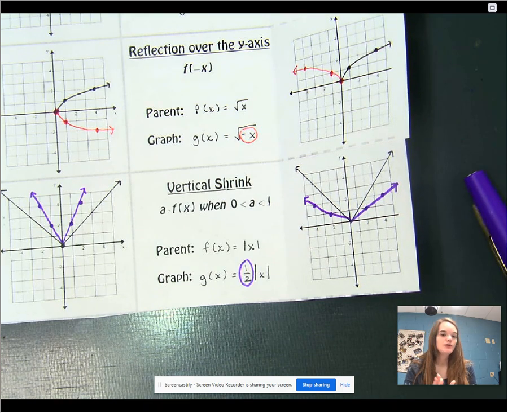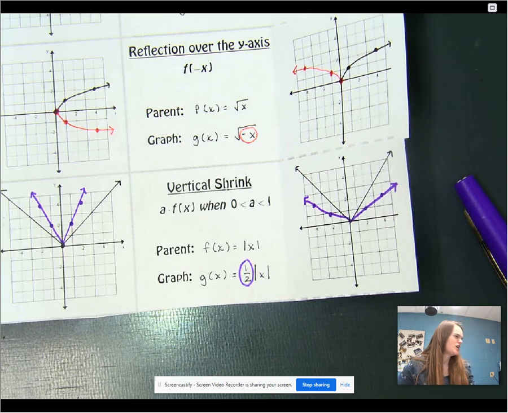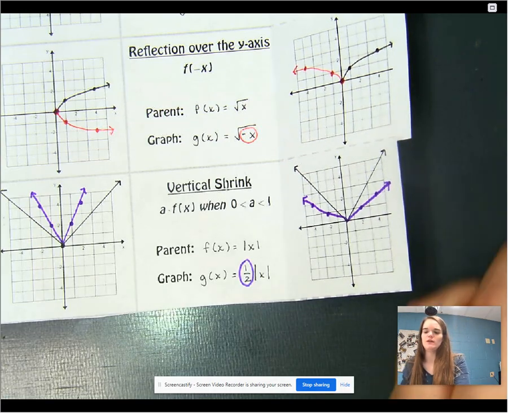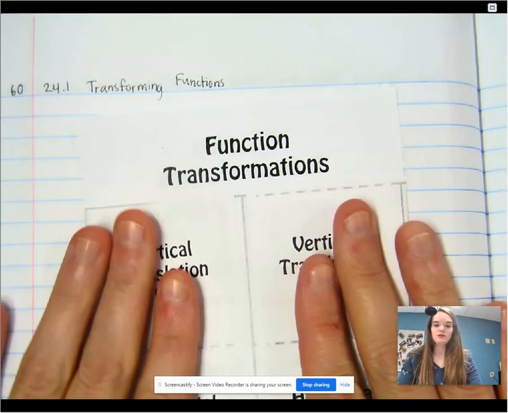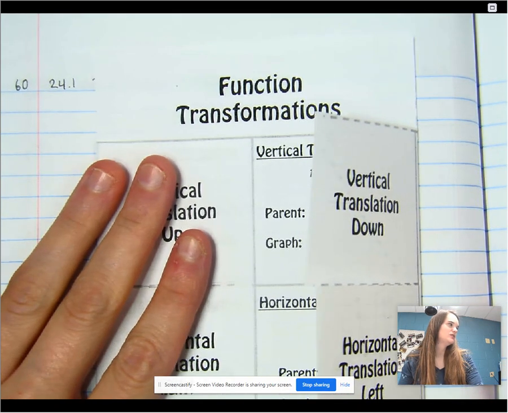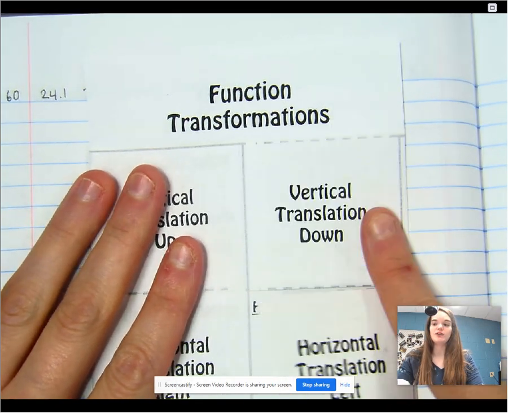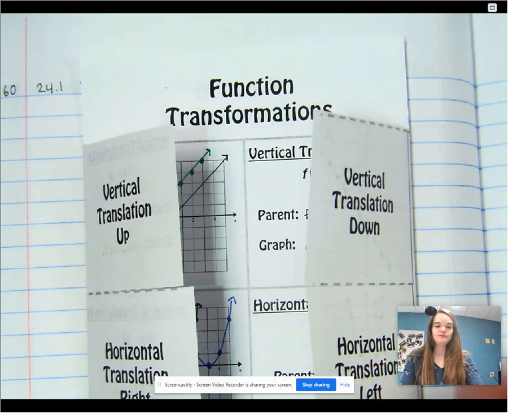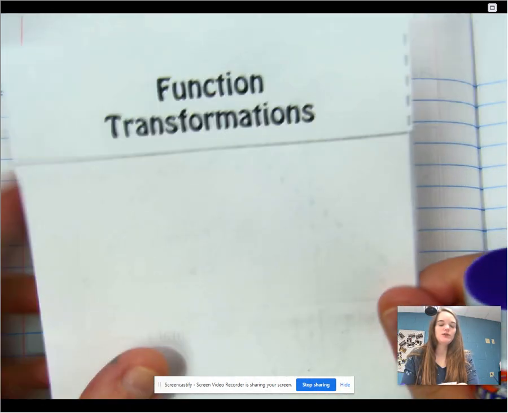All right, we're going to glue this in, and then we're actually going to talk about the homework for a second in this video. Okay, page 60. I'm going to glue this in. I'm actually going to end up accidentally covering the title. That's okay. It's also on page 61.